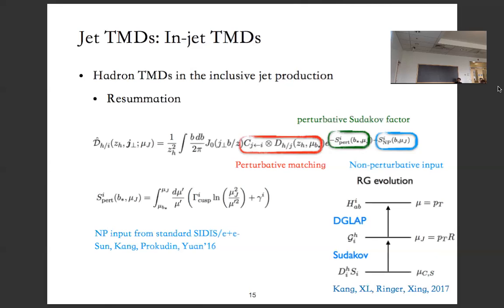So we can have the TMD evolution from this soft-collinear scale all the way to the scale mu j equals pT R, and above that it's all just the fragmentation function, just DGLAP. From this, we can resum all those large logarithms.